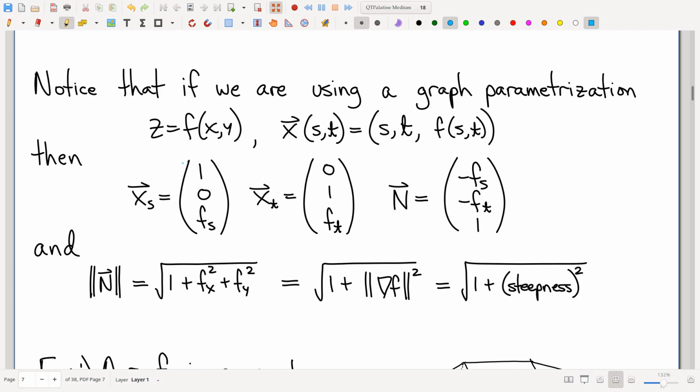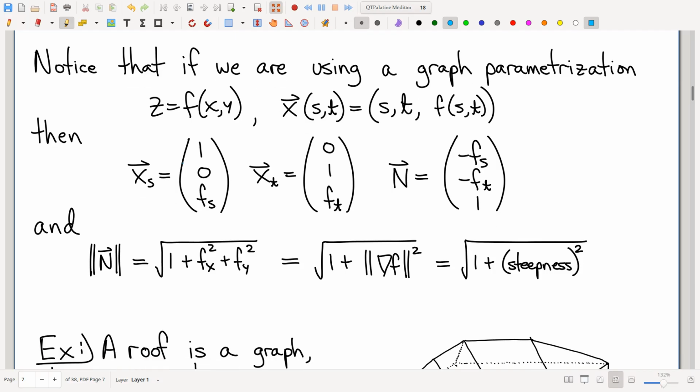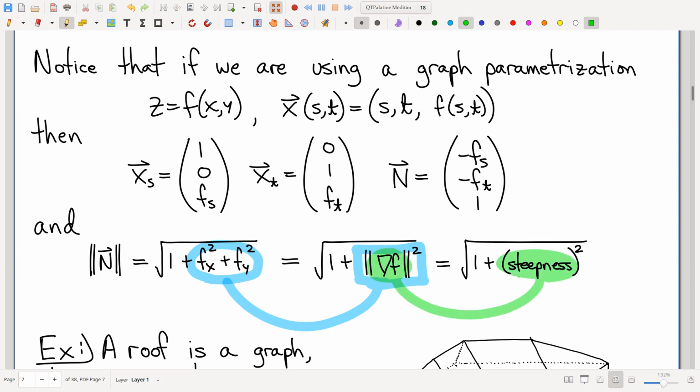And this comes up a few times. So I'm going to make this observation that pair of terms is the magnitude squared of the gradient, right? And don't forget, the magnitude of the gradient says how steep is the graph.